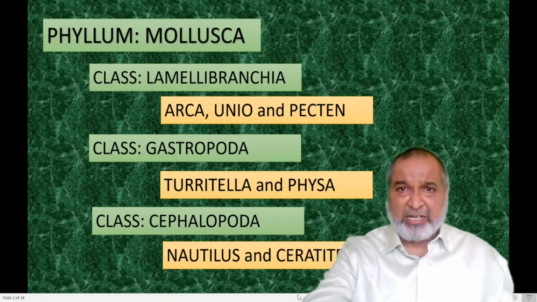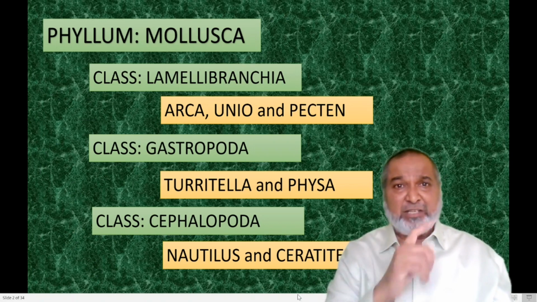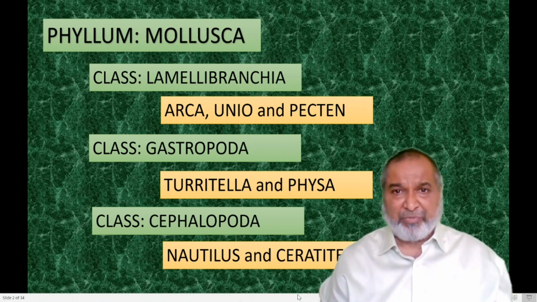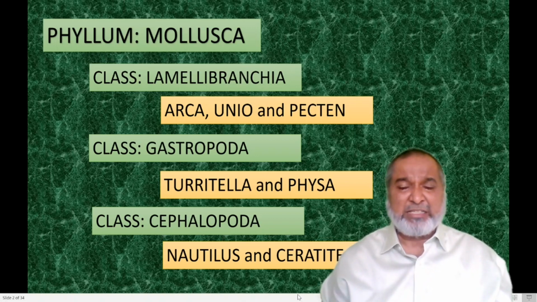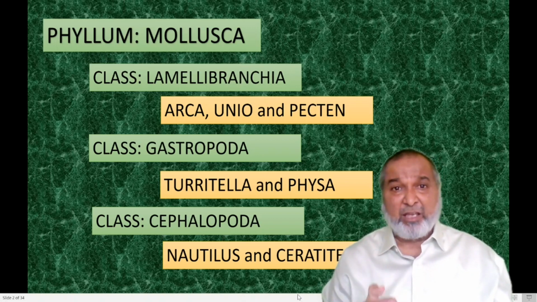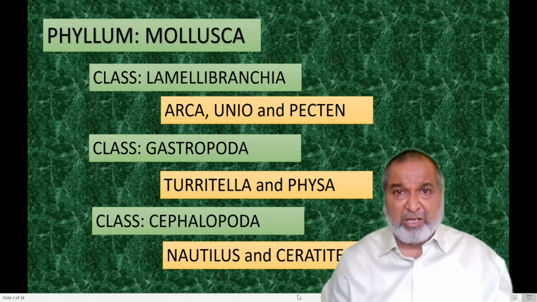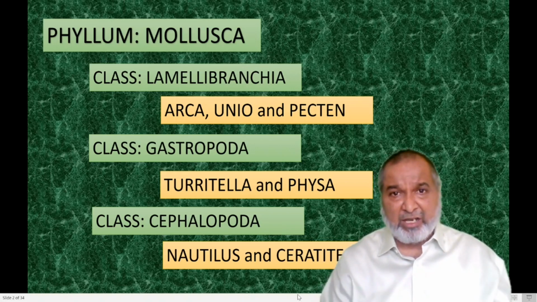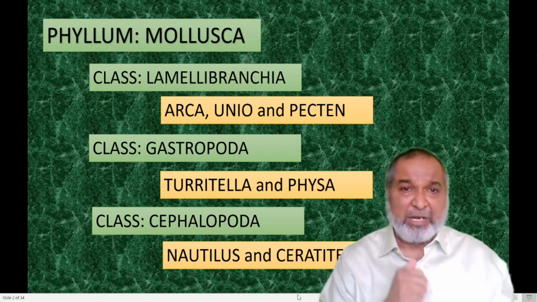Now in this practical we are going to see phylum Mollusca, and in that class Lamellibranchia or Pelecypoda, as we call it, and in that we are going to see Arca, Unio and Pecten. How are you going to identify these three fossils from the class Lamellibranchia: Arca, Unio and Pecten.